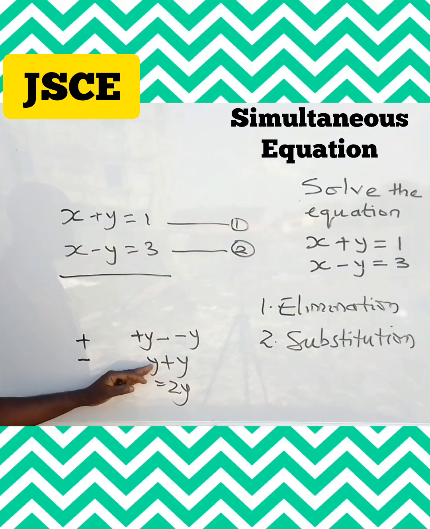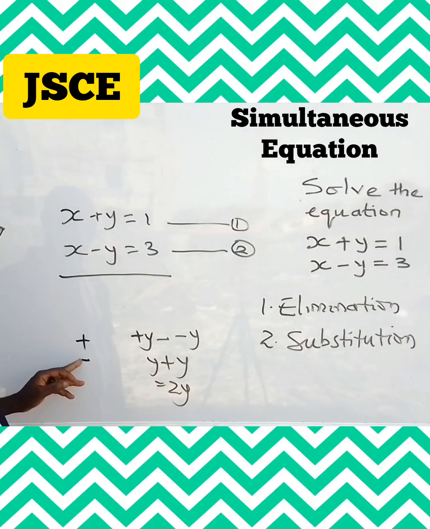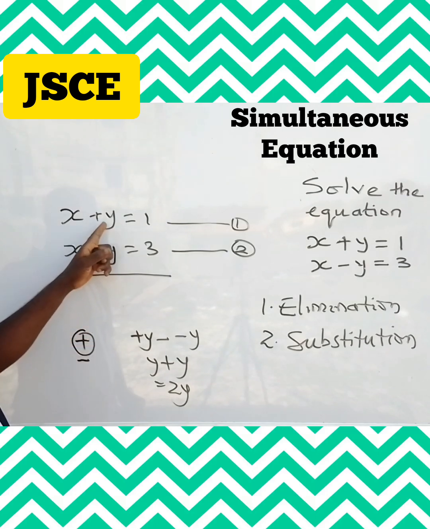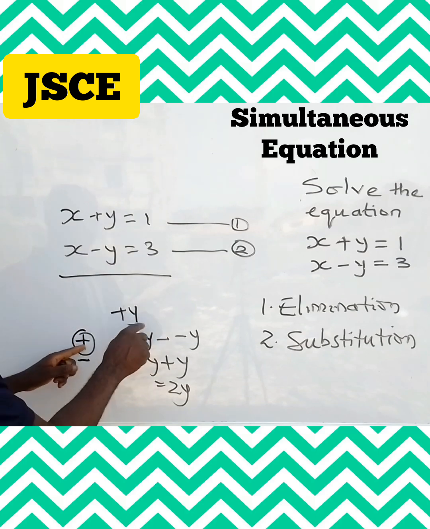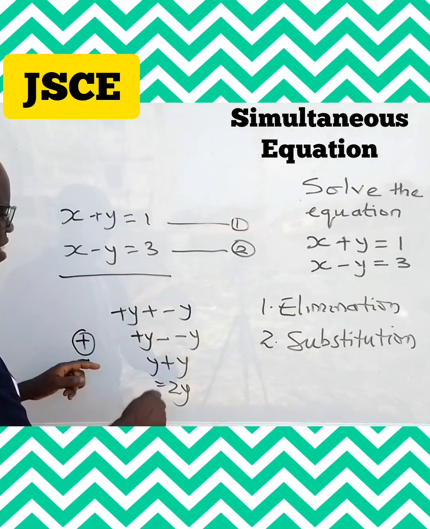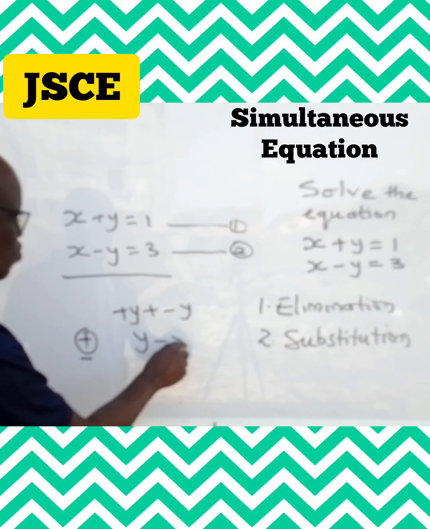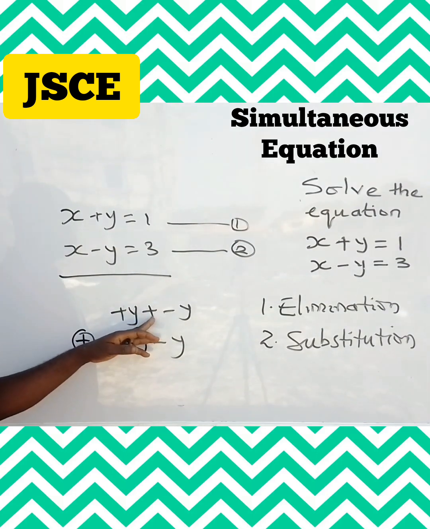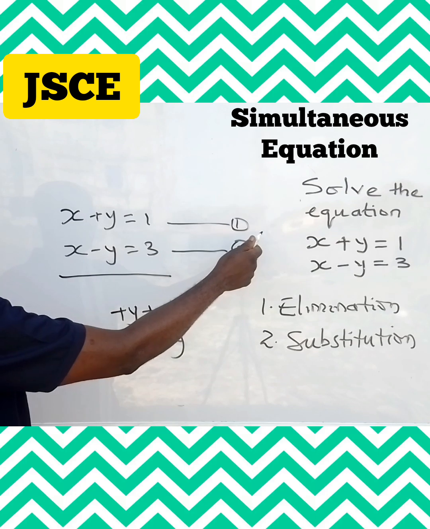So I've not eliminated y by subtraction. So let me use plus. If I use plus y plus minus y, it is the same thing as y minus y, which is equal to 0. So by adding, I get rid of y, which means I am going to add equation 1 and 2.